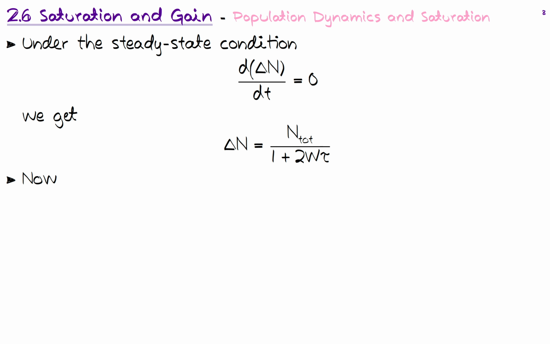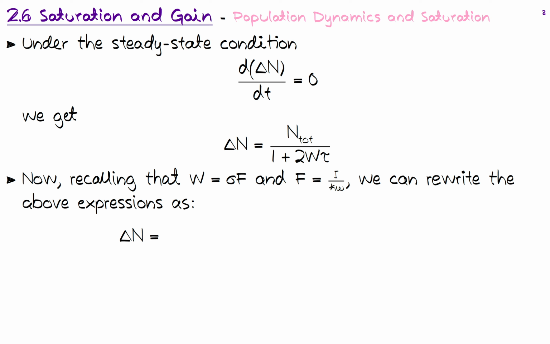And recalling that the rate of absorption can be written as sigma times F, the photon flux, and that the photon flux can be written as the intensity divided by h bar omega, we can write the above expression in a simple manner, so that the population inversion delta N equals the total population divided by 1 plus I divided by saturation intensity, where the saturation intensity is h bar omega divided by 2 times sigma, the cross-section, times tau, the characteristic time.